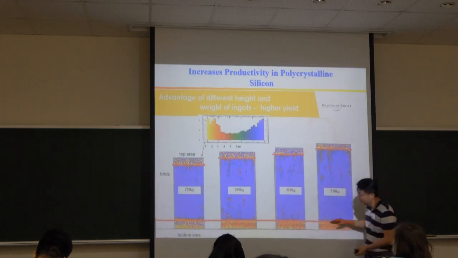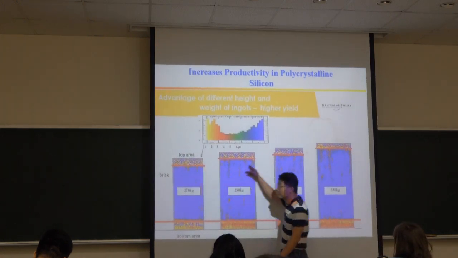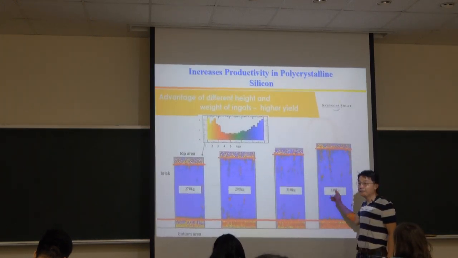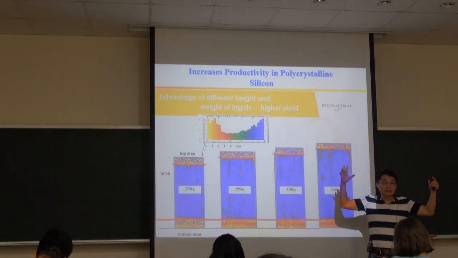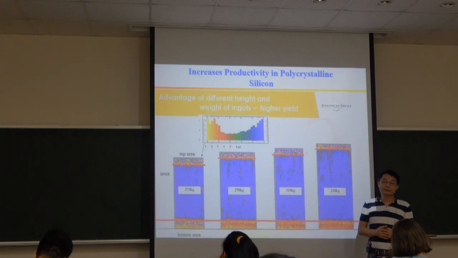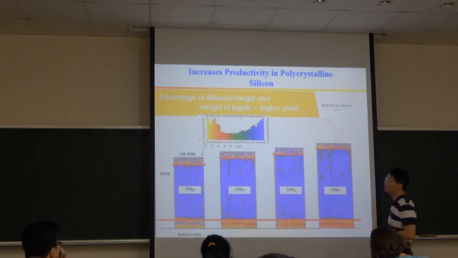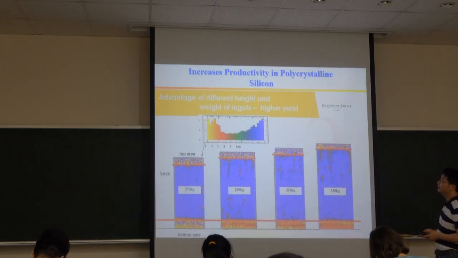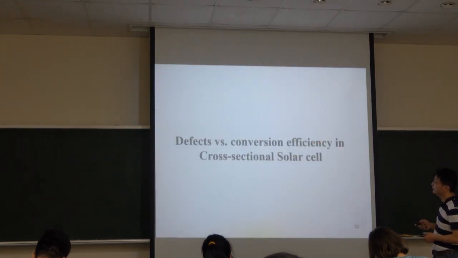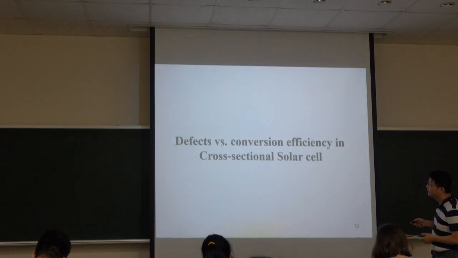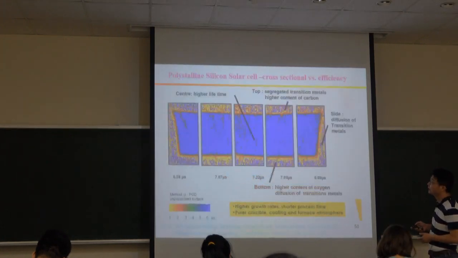So you cut here, you can cut, right? That means if I increase the size, I can increase the throughput. Understand? So this is the situation that increases the high yield. If you look at the defect versus the conversion efficiency, let's look at that.